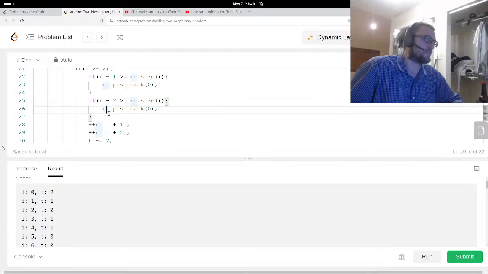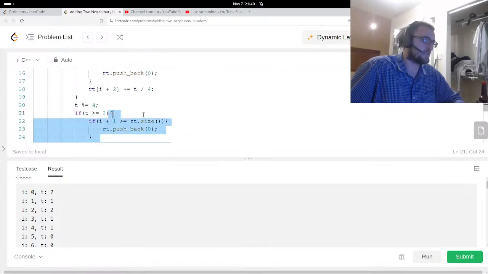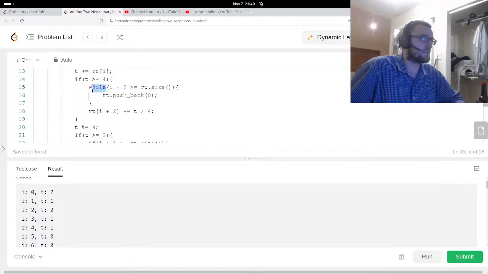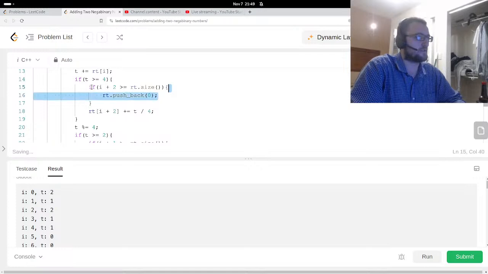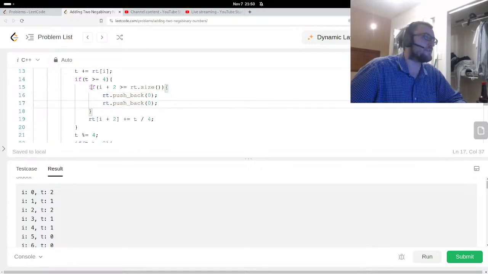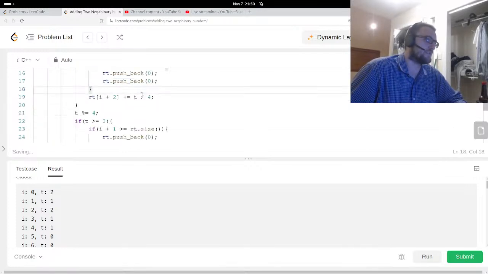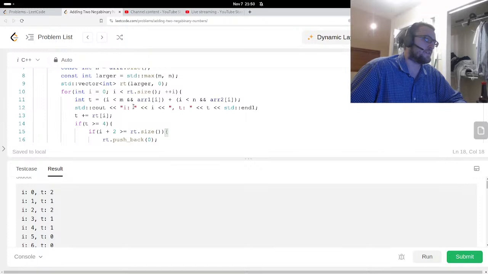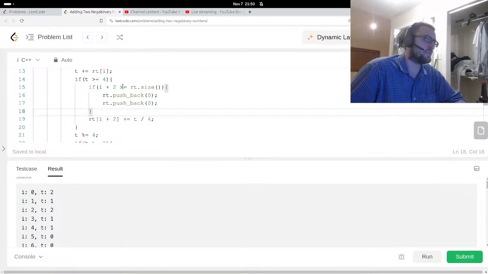Should probably just do the same thing here. It's probably better than using a while loop there. Oh, you know, I didn't even realize.